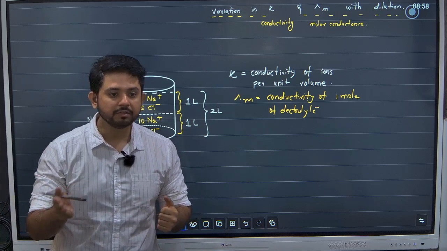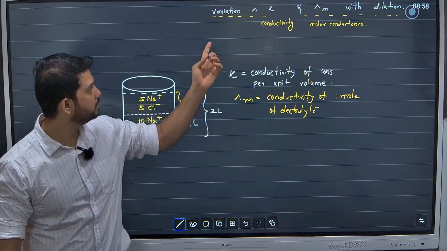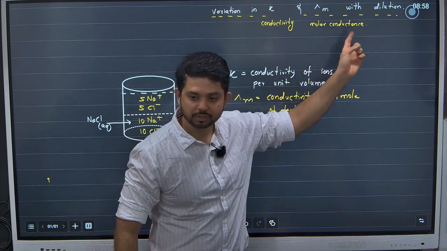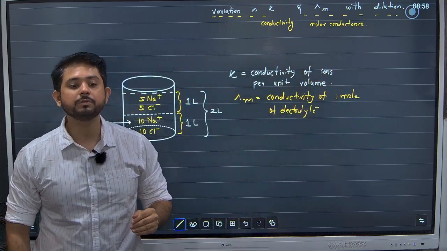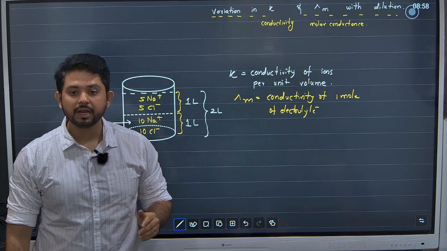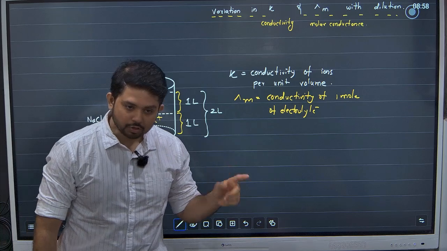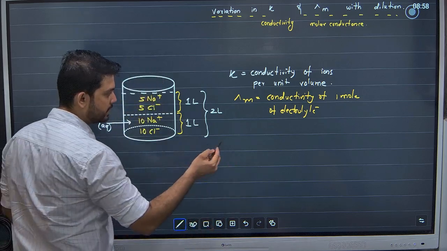Molar conductivity will keep on increasing, because as I keep on diluting the solution, what happens to molar conductivity? It keeps on increasing. That is also given by, what is the expression for lambda m?